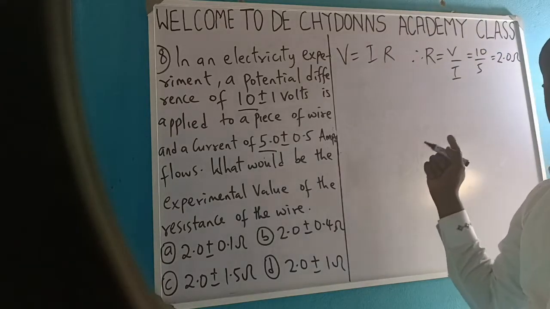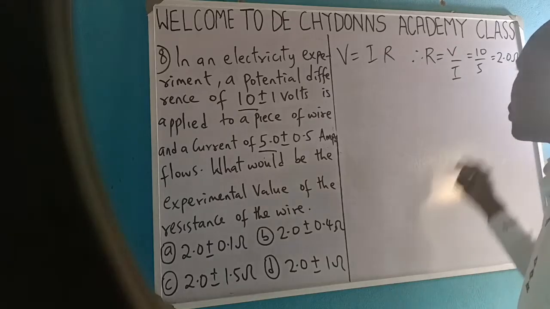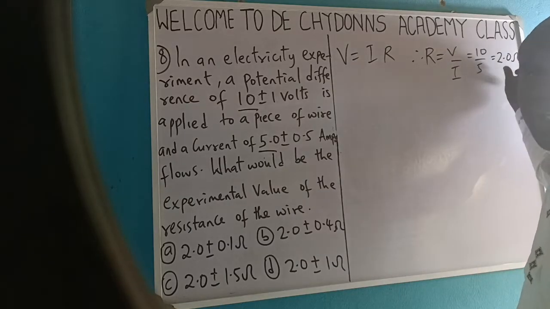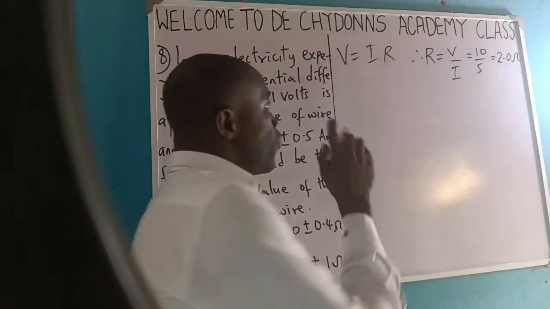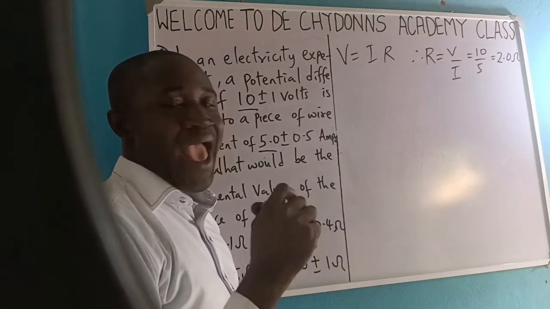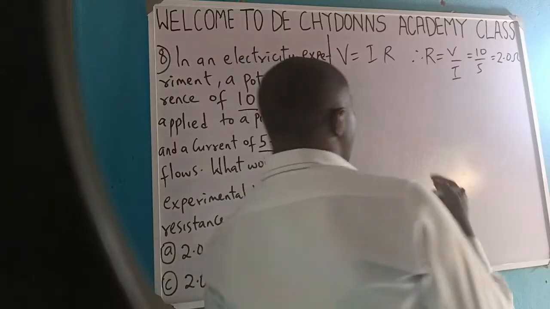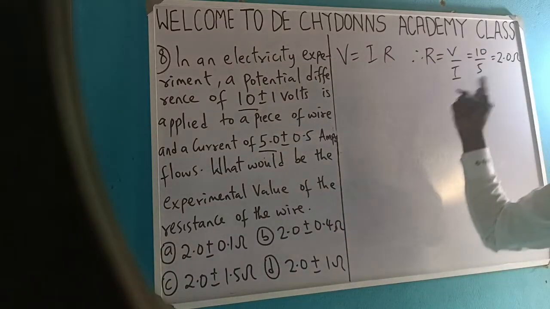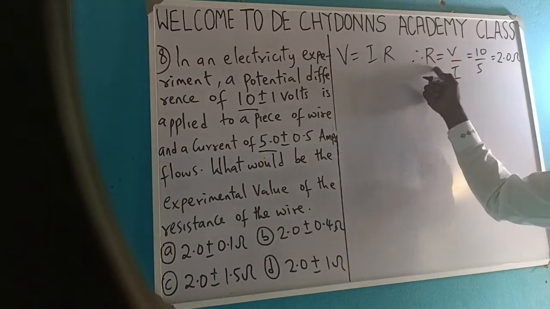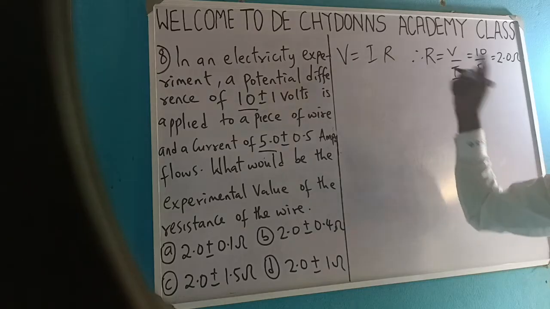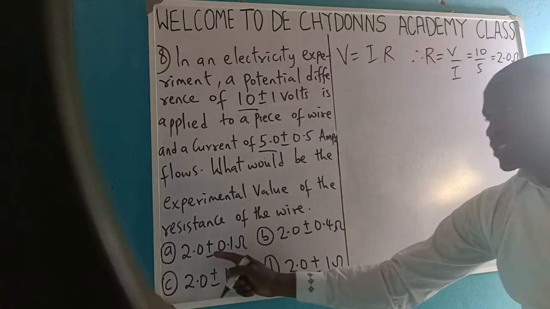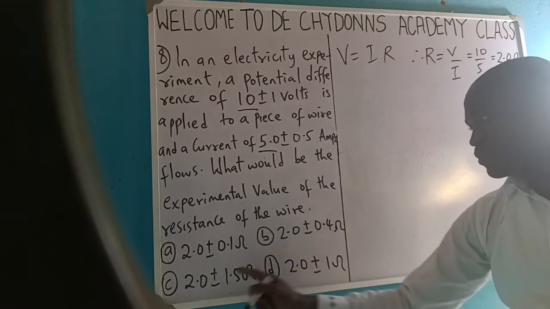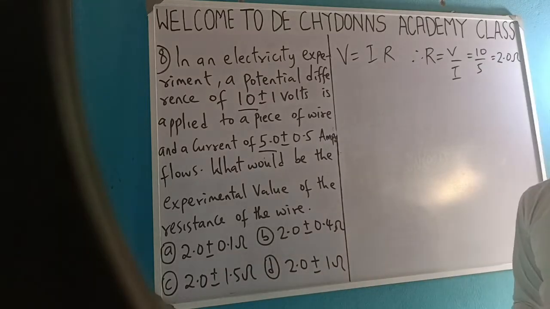Can you see? Now we have gotten the effective resistance of the resistors. We want to get the error. What is the value of the error encountered while getting this effective resistance of this resistor R? That is what you are seeing in these options, plus or minus. That means the error.